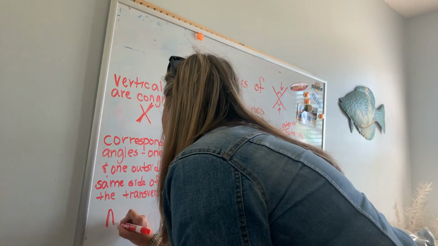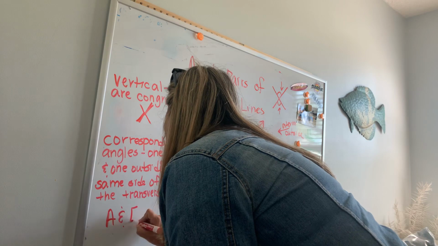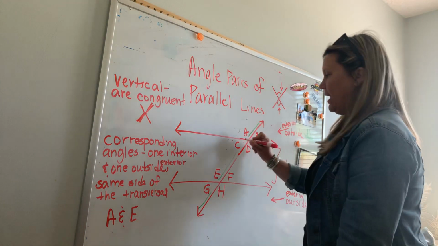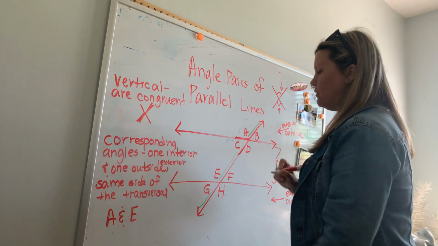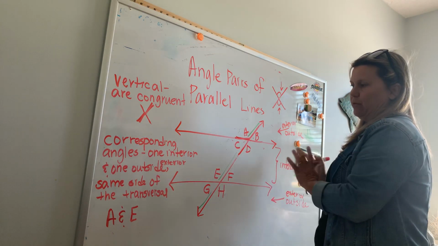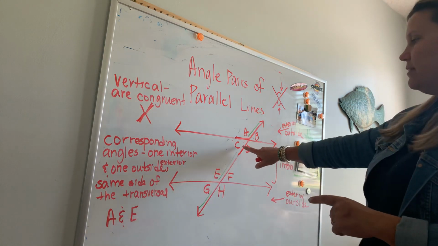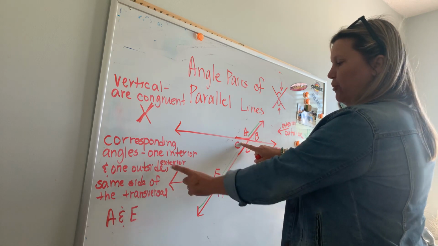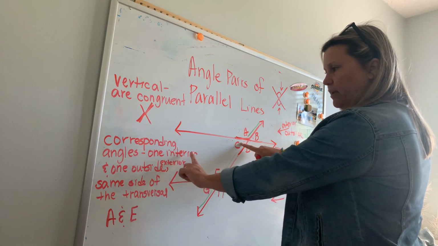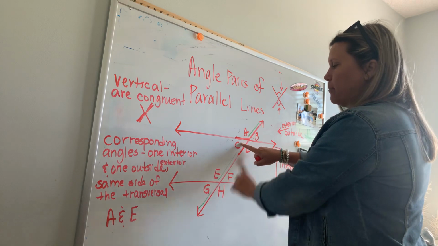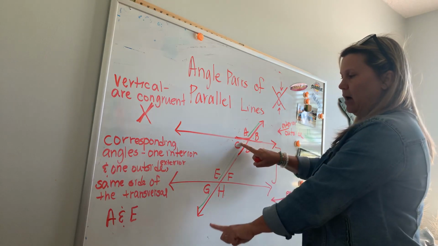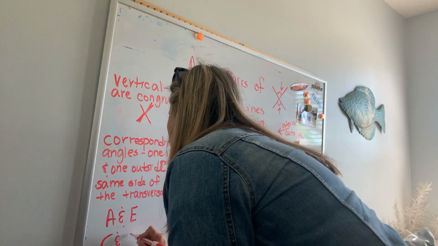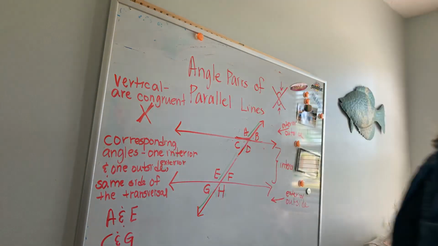So A and E are corresponding angles. And it looks like they are the same. A is a nice obtuse angle and E is an obtuse angle. Those are the same. So now let's look at this one. C and G. C is on the inside, G is on the outside, so that's one interior, one exterior, and they're both on the same side of the transversal. So C and G are a set of corresponding angles.